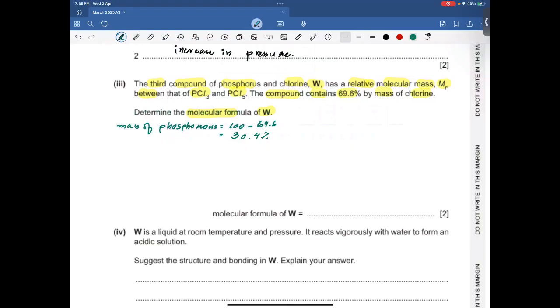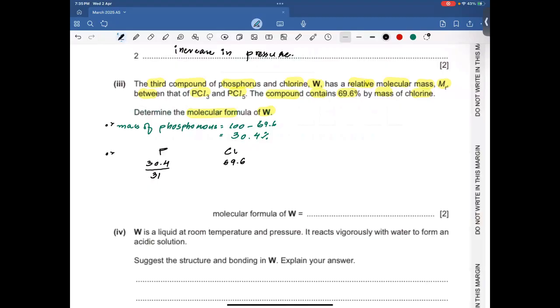Next step, we have phosphorus and we have chlorine. We have two different elements. The percentage by mass of phosphorus is 30.4 and the percentage by mass of chlorine is 69.6. In order to calculate moles, divide by the relative atomic mass, which is 31.